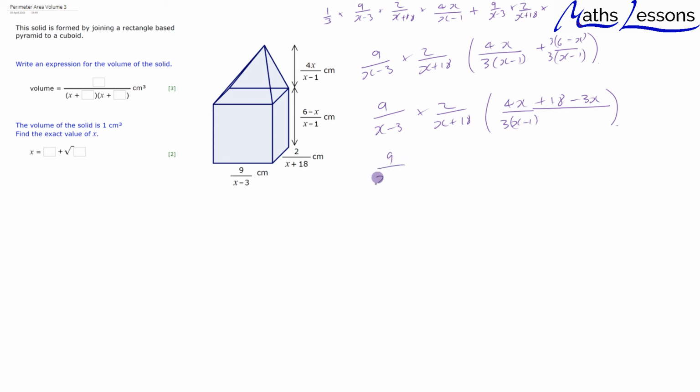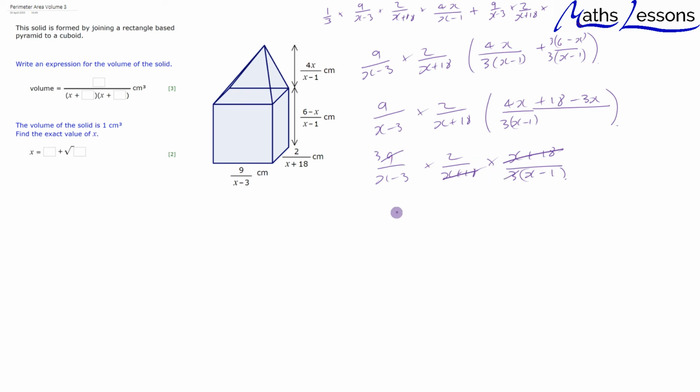So we get 9 over x minus 3 times 2 over x plus 18 times 4x minus 3x is x plus 18 here over 3 open brackets x minus 1. And we see we've got an x plus 18 here and x plus 18 here, so they can cancel. We've got 3 here that can cancel out with a 9 here.